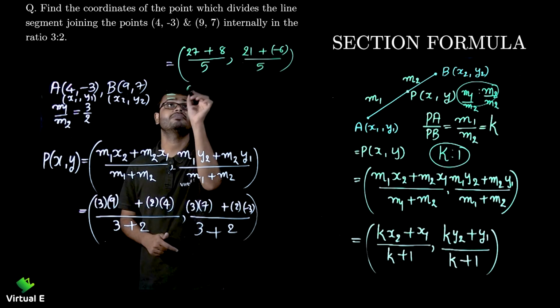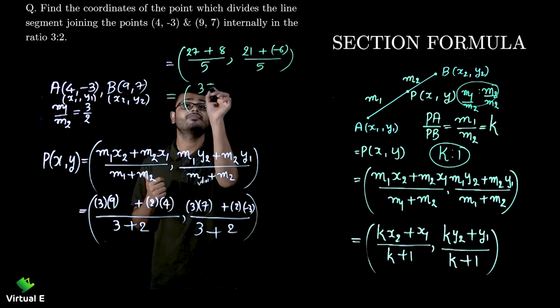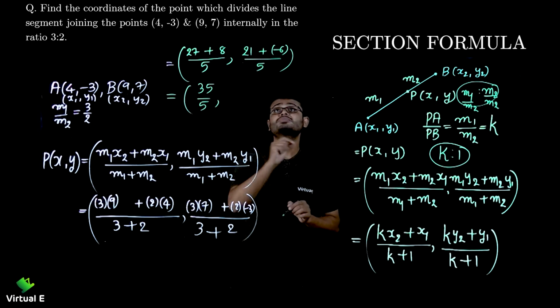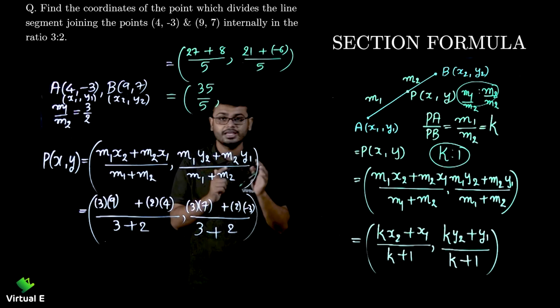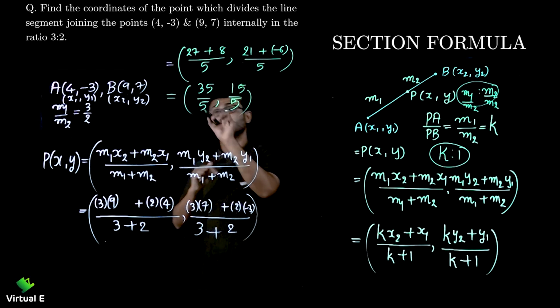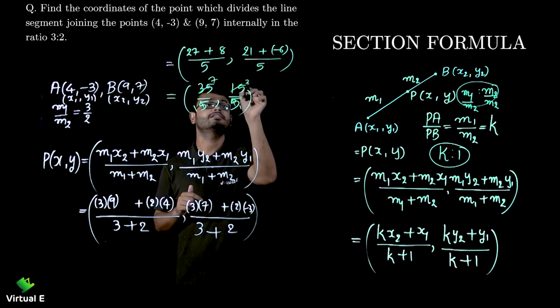Done. Let's simplify. 27 plus 8 will give you 35 over 5. Here 21 plus -6, opposite sign, I need to subtract. I'm going to get 15/5. Sorry. So 5 7s are 35, 5 3s are 15.